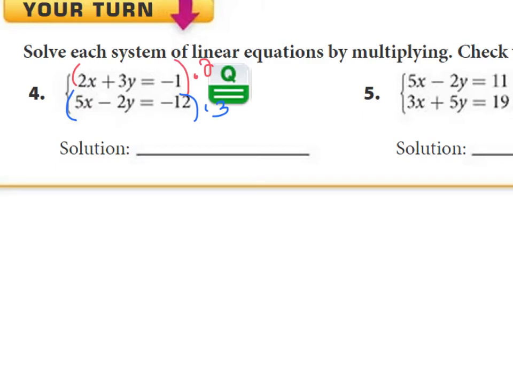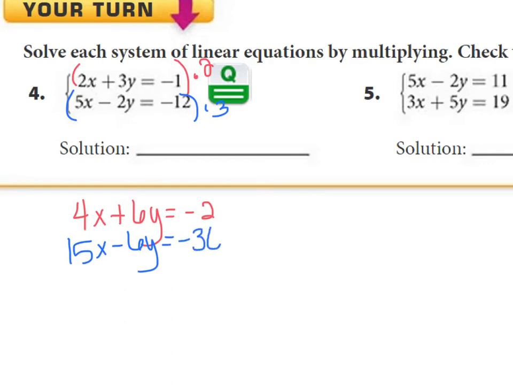So when I multiply that top one by 2, I have 4x plus 6y equals negative 2. The bottom equation, when I multiply it by 3, I'm going to have 15x minus 6y equals negative 36.